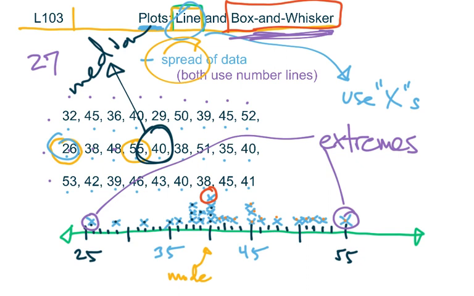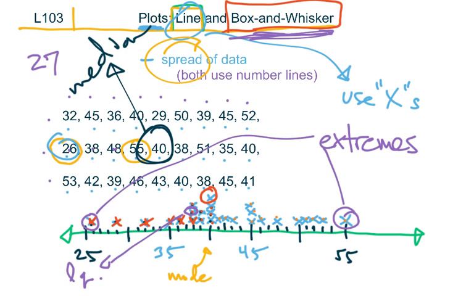So if I focus on the black, then I see that I have 13. Starting from here, 1, 2, 3, 4, 5, 6, 7, 8, 9, 10, 11, 12, 13. Well, that would mean 6 on one side and 6 on the other. So 1, 2, 3, 4, 5, 6. Right here, this value, that's going to be my lower quartile or my first quartile.